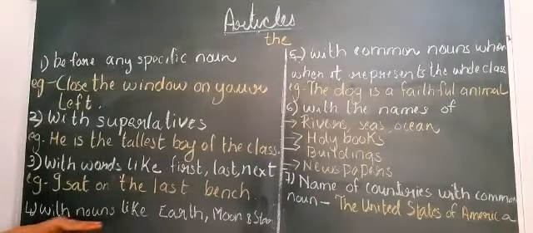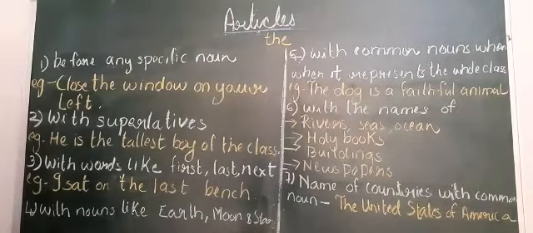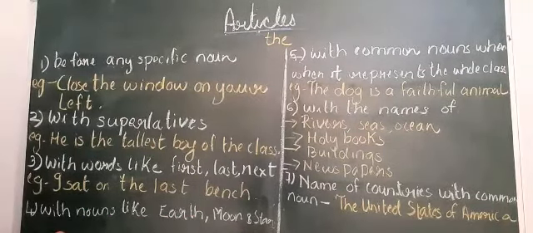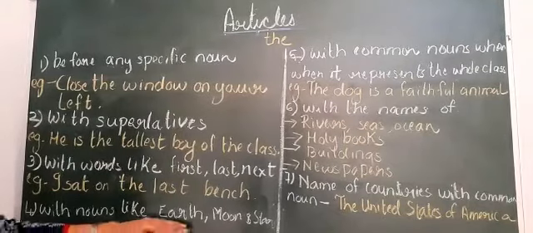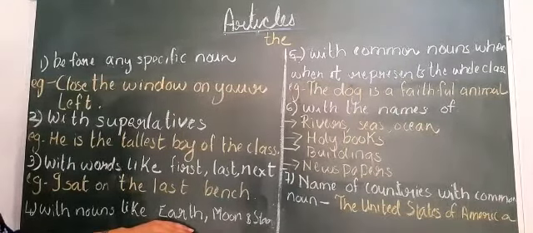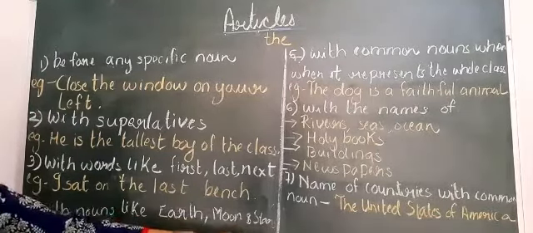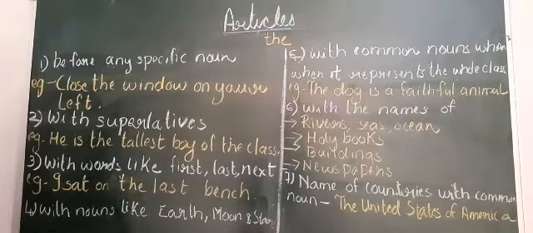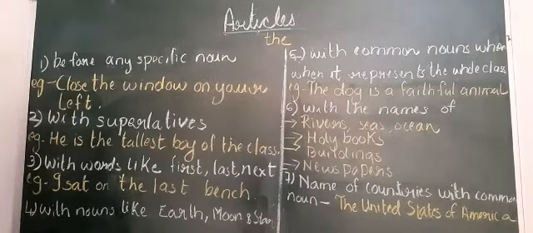With nouns like earth, moon, stars, these heavenly bodies, we use the article "the". Here is another point to note. Earth begins with a vowel sound, so we say "the earth", whereas with the others, the moon, the stars, they begin with a consonant sound.